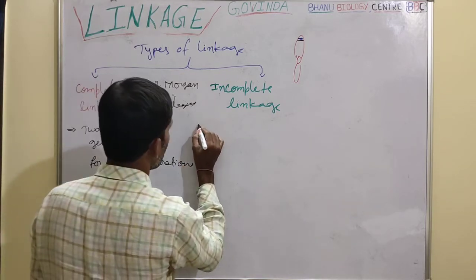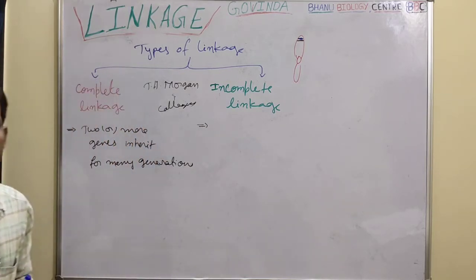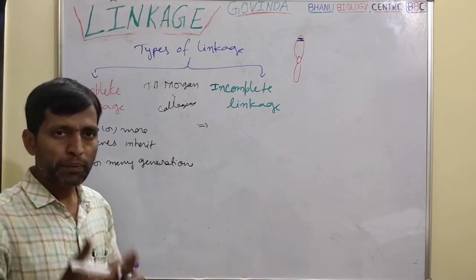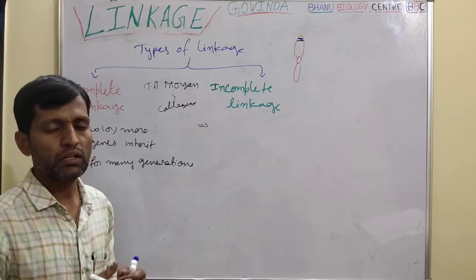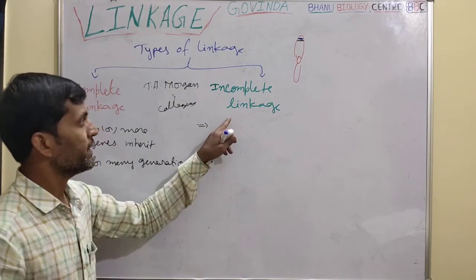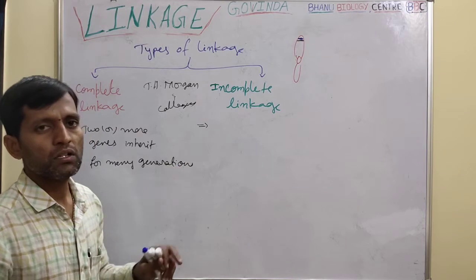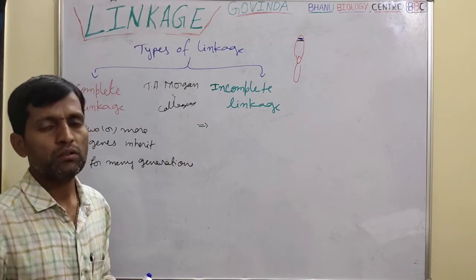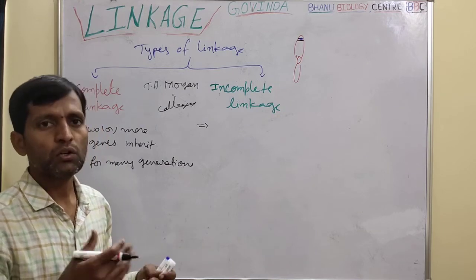Next, what is incomplete linkage? Here the linked genes will separate during gamete formation or in the process of inheritance. In case of incomplete linkage, two genes having the physical association do not remain together.